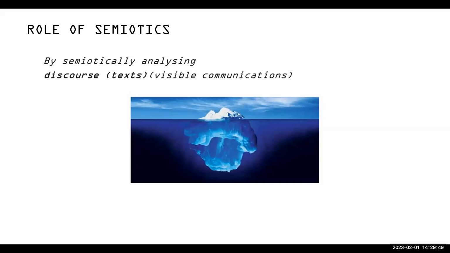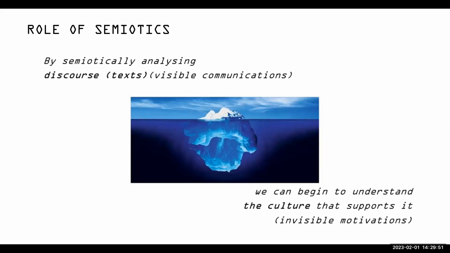By semiotically analyzing the discourses, we can begin to understand the culture that supports it. In semiotics, we don't interview people. It's not like in Qual, where we call a set of people and talk to them and try to understand what's going on in their minds.